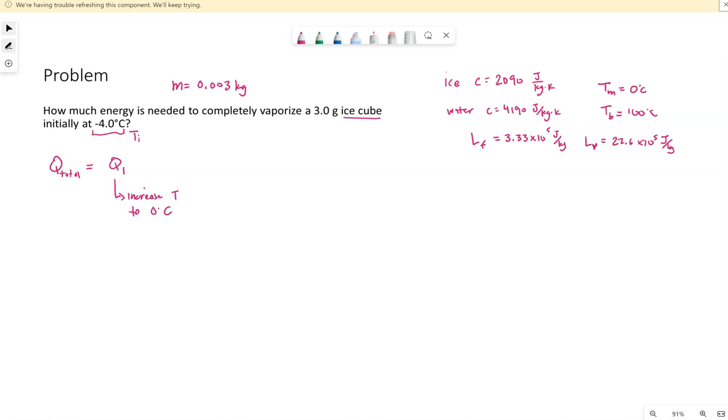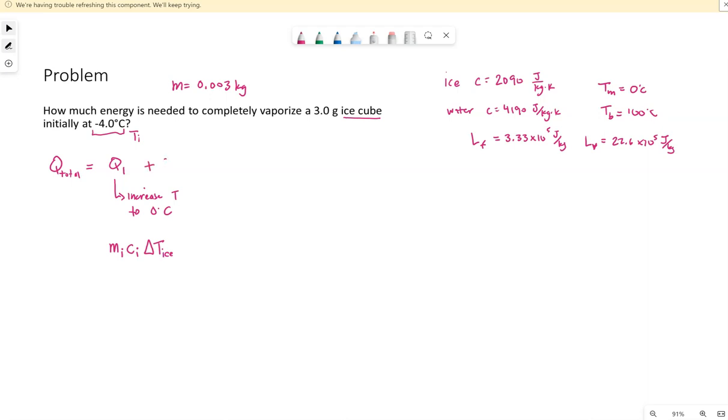Since we're changing temperature, this is going to be mass of the ice, C of the ice, times delta T of specifically the ice itself, while it is in this solid phase. Once we've put in this amount of energy, we still have an ice cube, but we have an ice cube at 0 degrees Celsius.